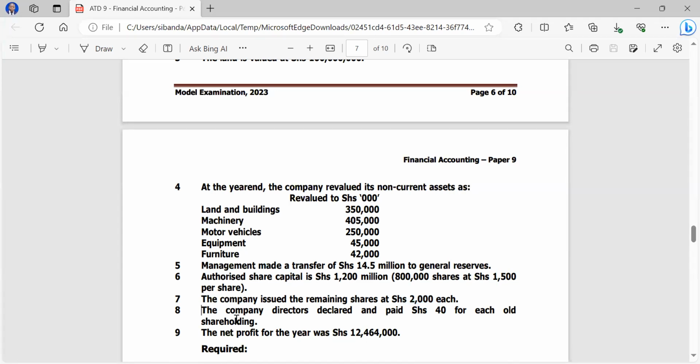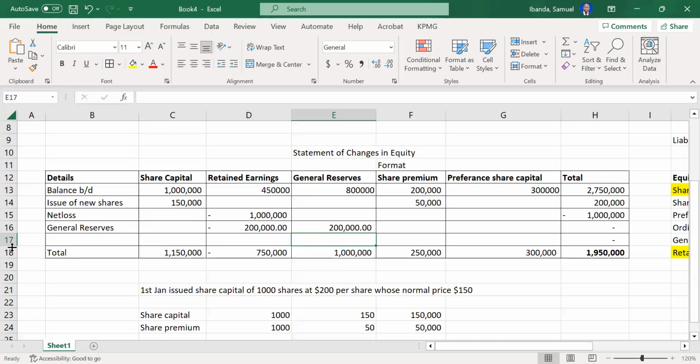They have also given you here, they are saying the company directors declared and paid 40 for each odd shareholding. Now, one thing that I need to comment about is every time you have dividends, one of the items that is very common in a statement of changes in equity, dividends will always be issued off your retained earnings, because this is where you included your net profit or loss, okay?